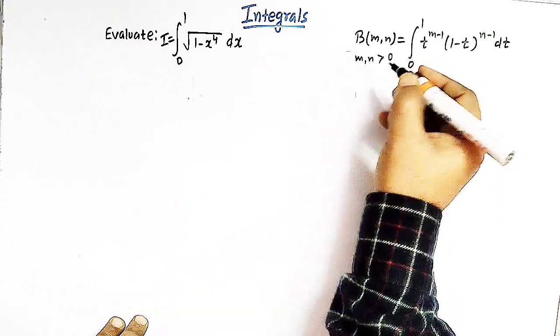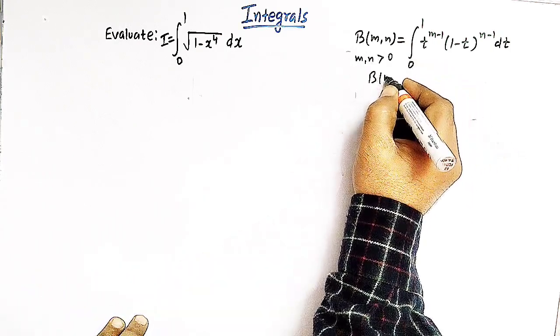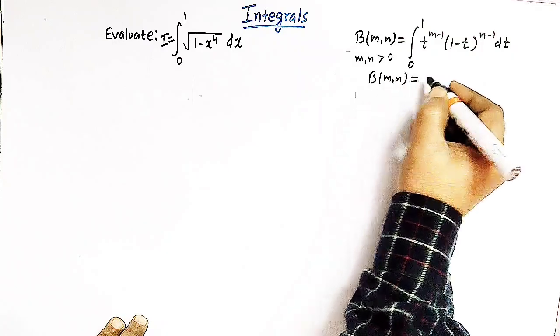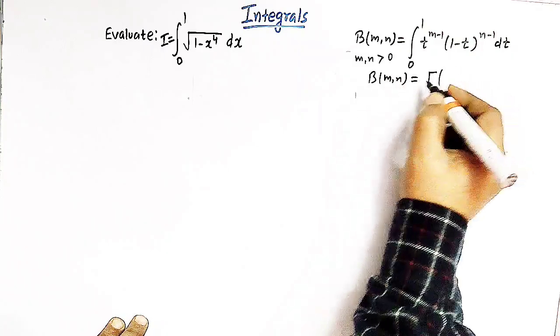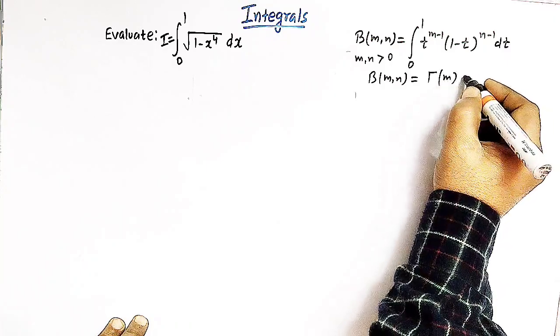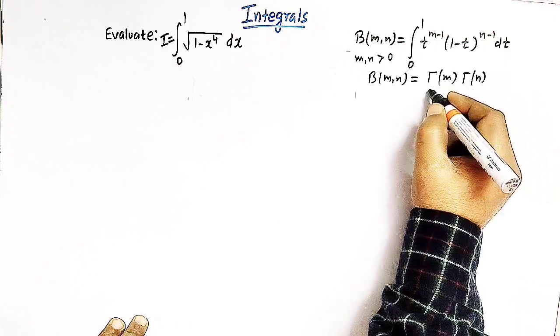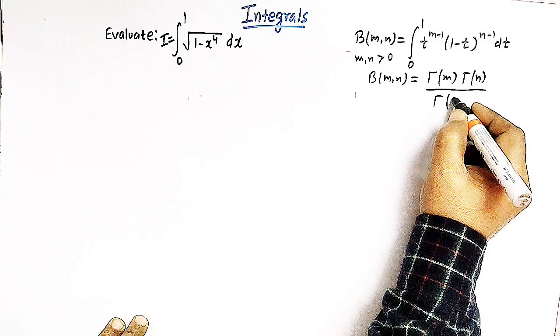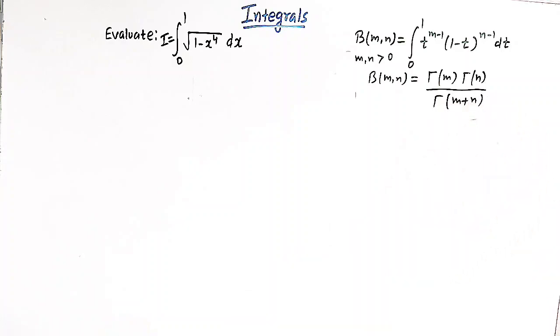The beta function and gamma function are related by this expression, that is beta m comma n is given by gamma m times gamma n divided by gamma m plus n.